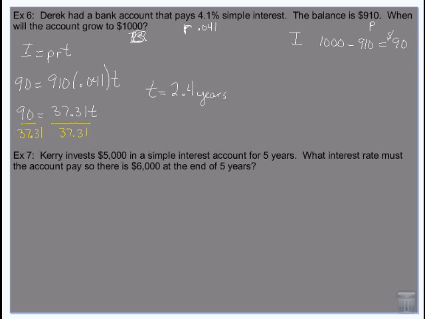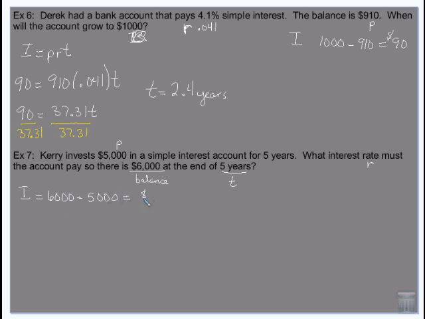Okay, same idea here, except what we were missing here is the rate. We don't have R. We have our principal. This is the balance. And this is our time. So we want to know how much is the interest. We do 6,000 minus 5,000.